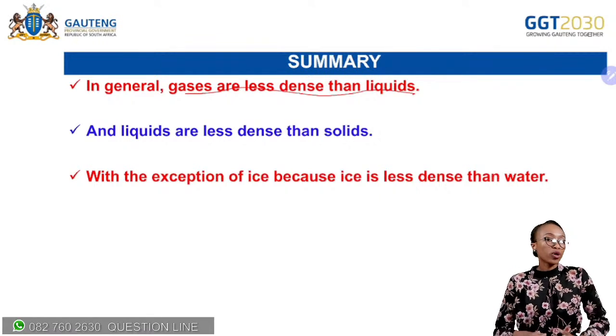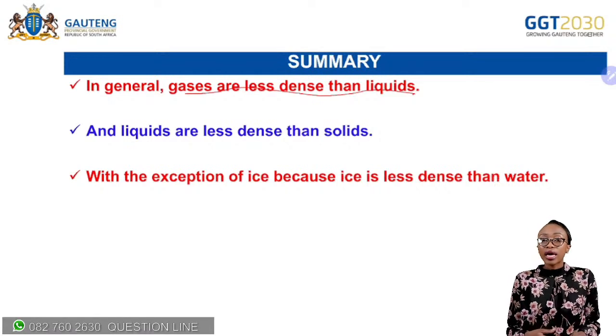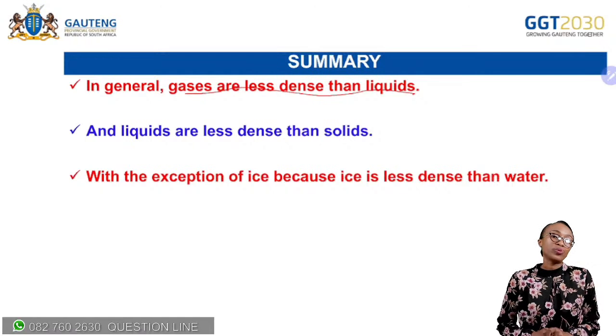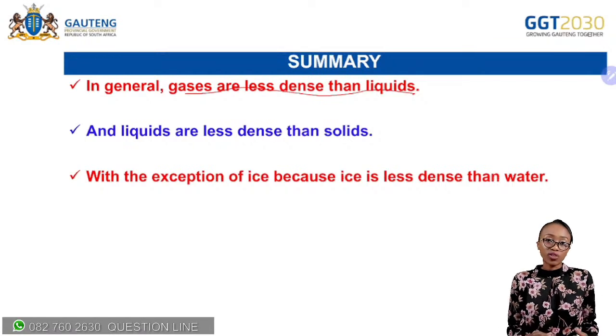So when you take your ice cube on a hot day and put it inside a glass of water, it's going to float. That's how the density of water is quite different.